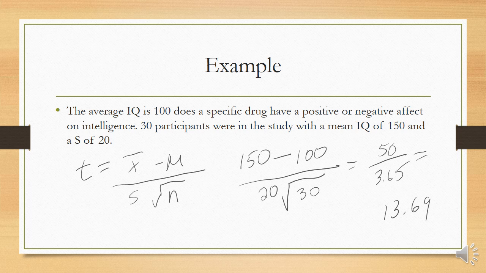Given the sample before, the critical value of t was 2.04.